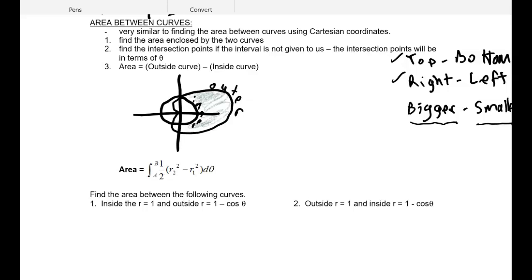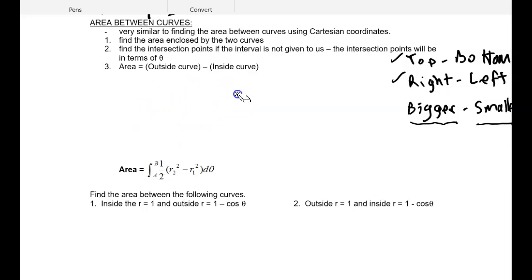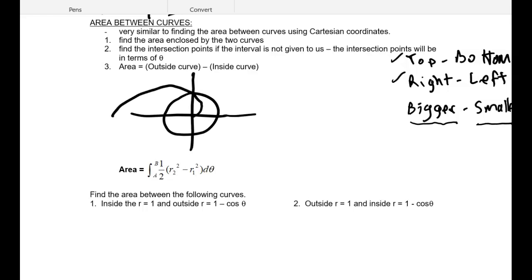However, let me give you one that would be a little different. Let's say we have that same circle, like so, but our cardioid goes out here, and the area we are looking for is this one. When we are in polar, if you haven't noticed, everything we do is measured from the origin.